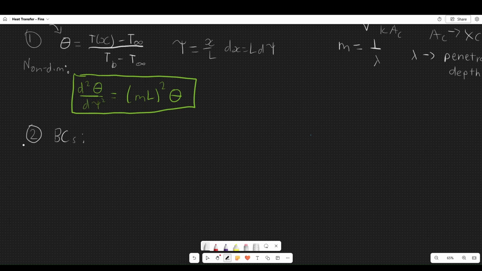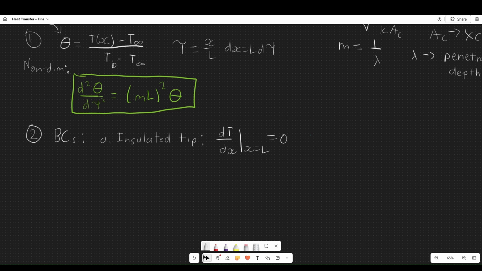The first kind that you can have is an insulated tip, right? What that means is we have no heat going through the end of that fin. So in terms of the original variable, that means dT/dx at x equals L is equal to 0.